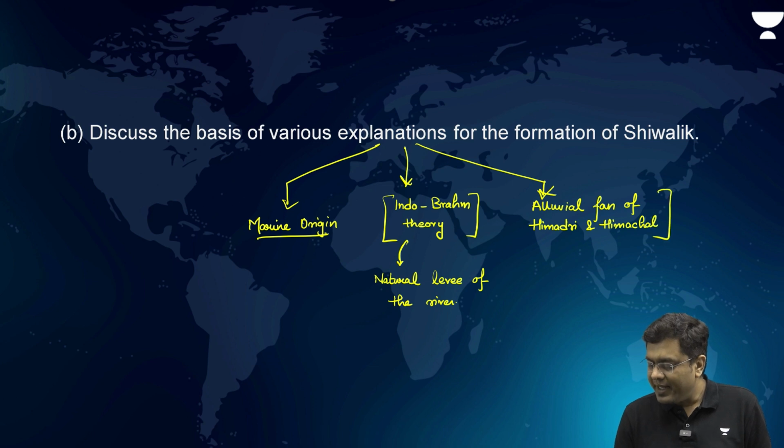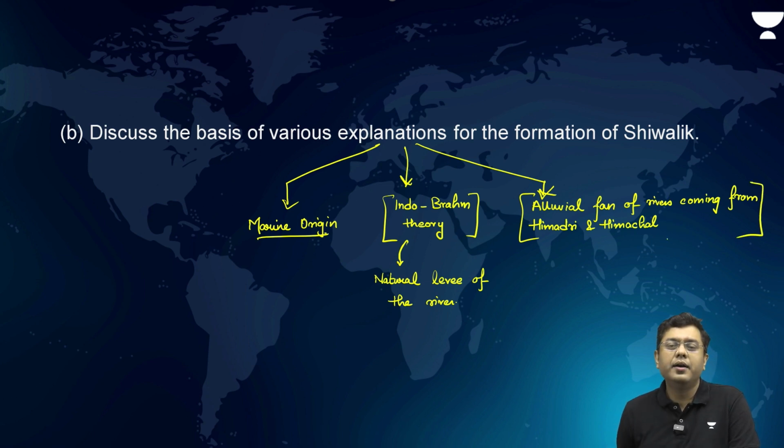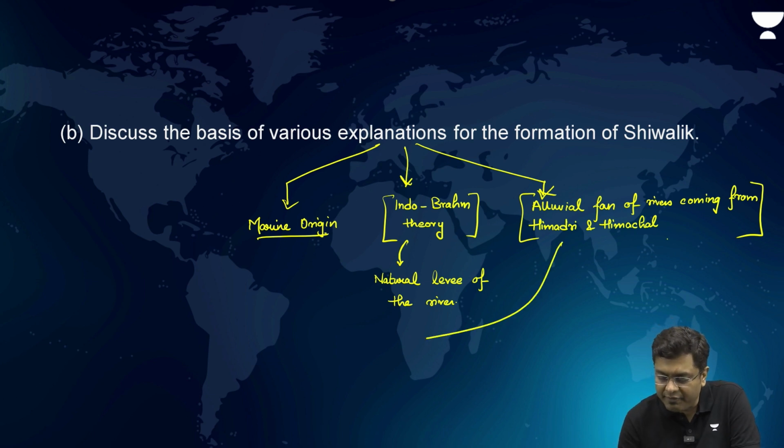This is the accepted theory of rivers coming from Himadri and Himachal. Okay. The rivers originating from the region of Himadri and the middle and the great Himalayas, they would have created the alluvial fans, and these alluvial fans have been folded.